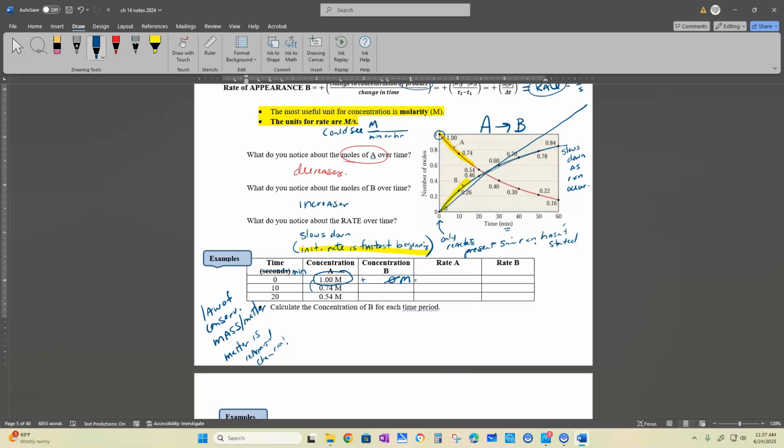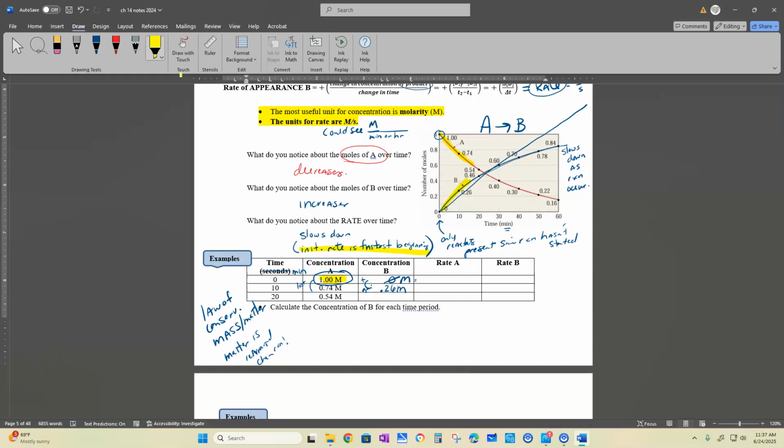We have now, after 10 minutes, I went to 0.74 molarity. That means I lost some A. Well, then who gained it? B gained it. So now I'm going to take that 1.00 minus 0.74, and I actually have a concentration now of 0.26 molarity because both of these numbers have to equal that 1 molarity in the beginning.